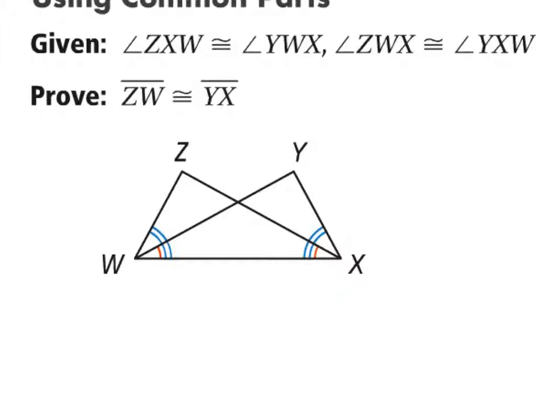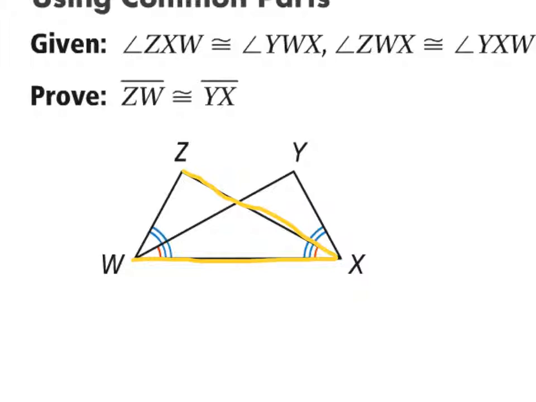Whenever I'm trying to figure this out, it's always helpful to trace what they're talking about. They're talking about an angle, not a triangle, so don't make a triangle here, but trace the angle ZXW. You don't necessarily have to trace it, you just need to take your finger or your pencil and go along and find out which angle they're discussing.